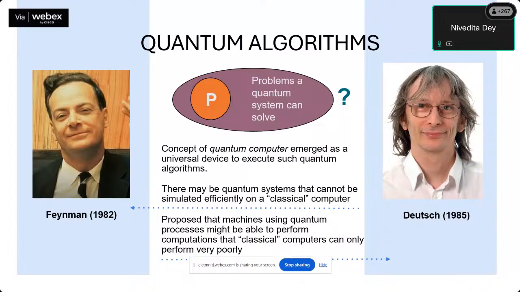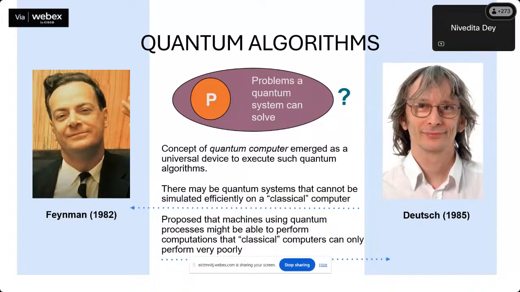Now, why we are heading towards quantum algorithms is because from our very first class, we have seen that we are trying to get solutions for a specific set of problems, not very easy problems, where we try to come out with a better solution.